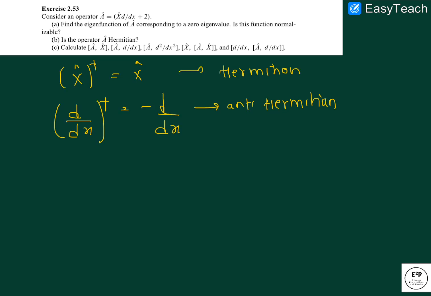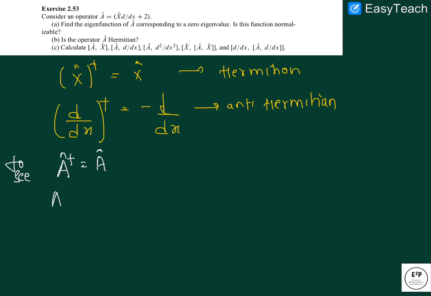Okay, now coming back to our question to see if a cap is the Hermitian operator. To see if a dagger is a, let's start with our LHS, that is the left hand side.